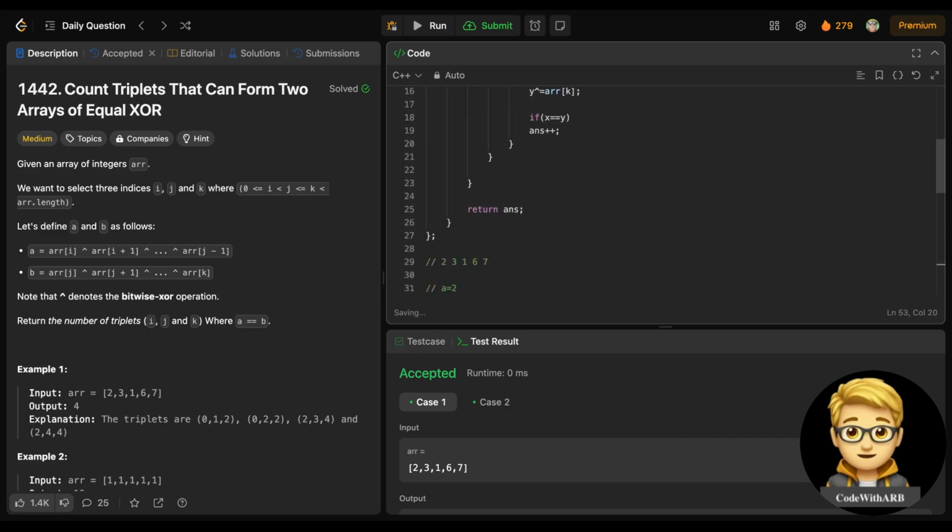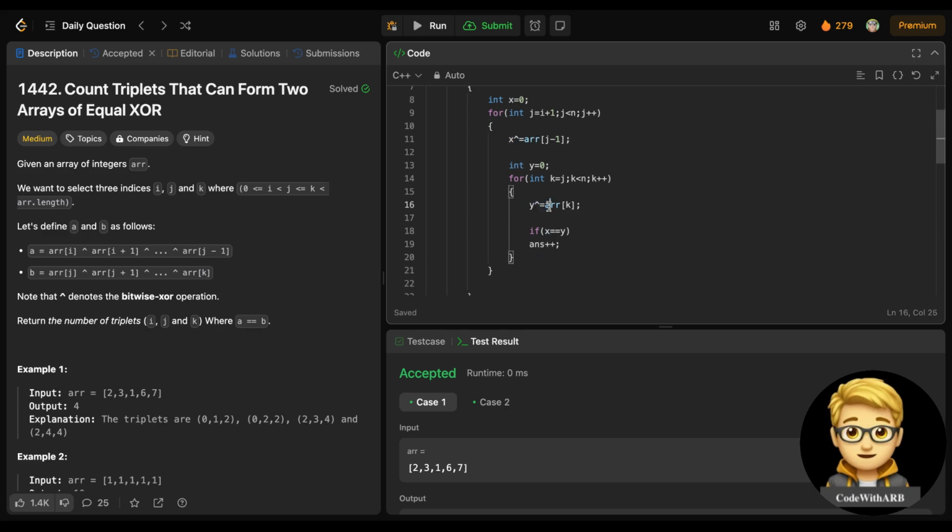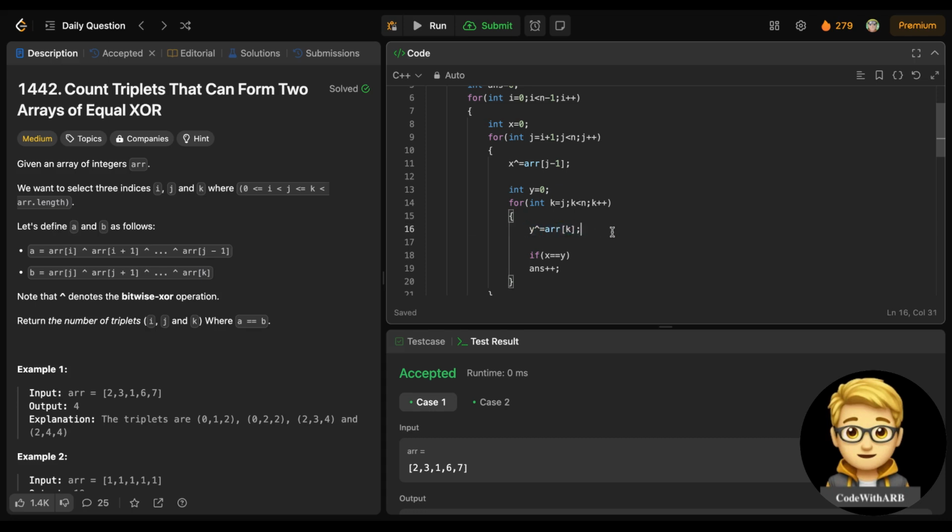So what we are doing here, if you see, we are taking cumulative XORs for this x and also this y, right? So for that I need to iterate from k equals j to less than n every time, taking cumulative XORs of both of them.